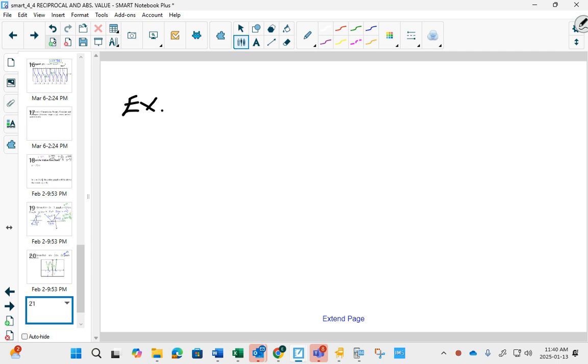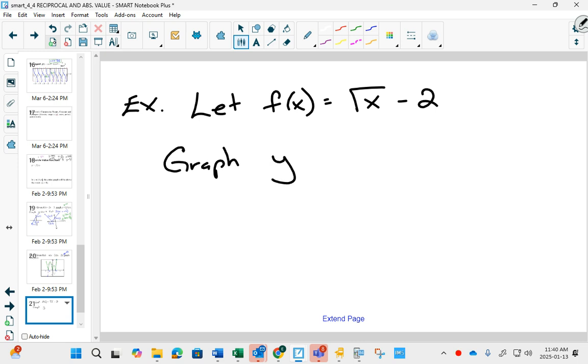So in this example, let f of x equal square root of x minus 2, and we are going to graph y equals the absolute value of f of x minus 3.